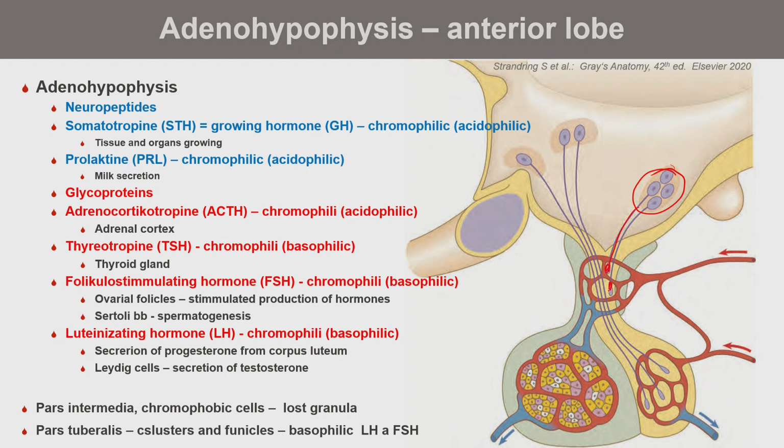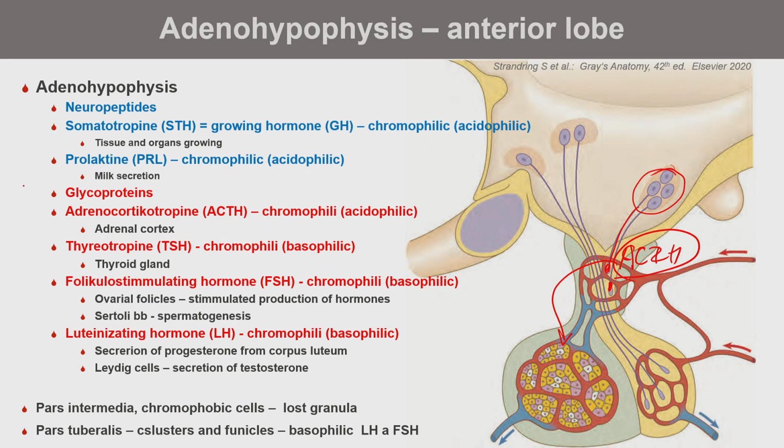Then they secrete those peptides, so adrenocorticotropic releasing factor, and then this hormone is flowing into the adenohypophysis. And here are then the hormones which are effective in the peripheral blood, in the peripheral organs, secreted.